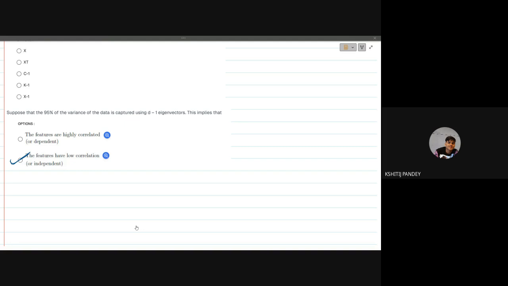Let's say all the features are highly correlated. In that case, we'll only need a few directions to capture the variance. Because let's say we have three features: height, weight, and BMI.